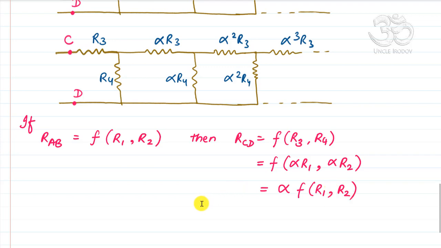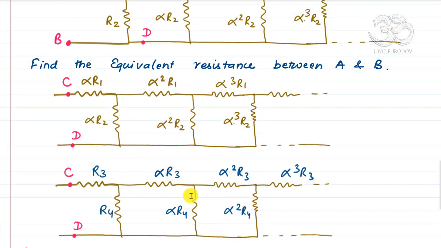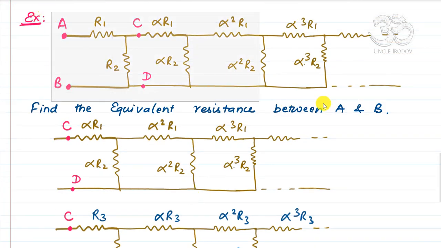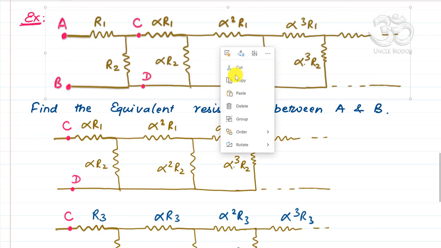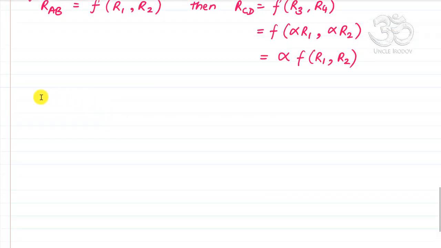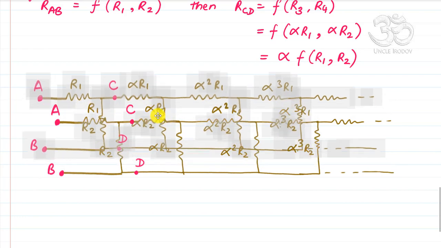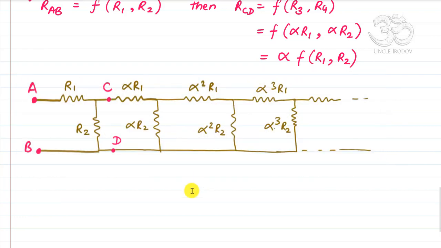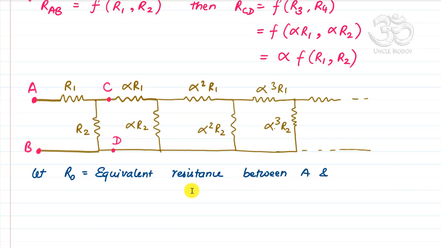Then what I will now say is, let me take this entire thing, copy it, that's the original circuit. So now I'm going to say that let R0 be the equivalent resistance between A and B, right?